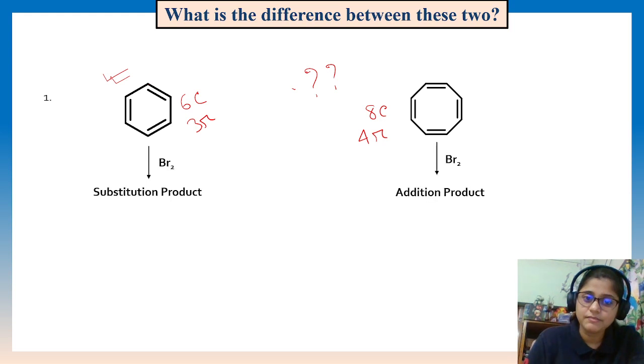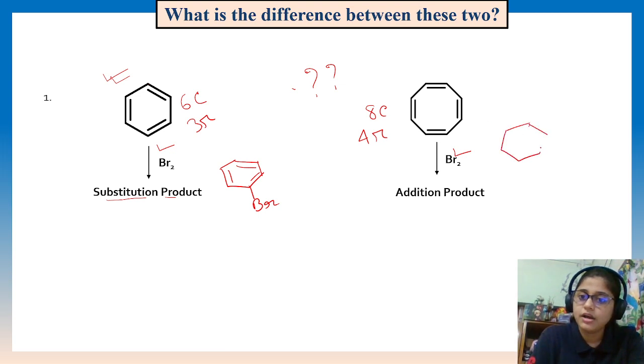Let's see. When we introduce Br2 here, a substitution product is formed, and when we introduce Br2 here, an addition product is formed. Both products are actually different. In the substitution case, one hydrogen is replaced by one Br.